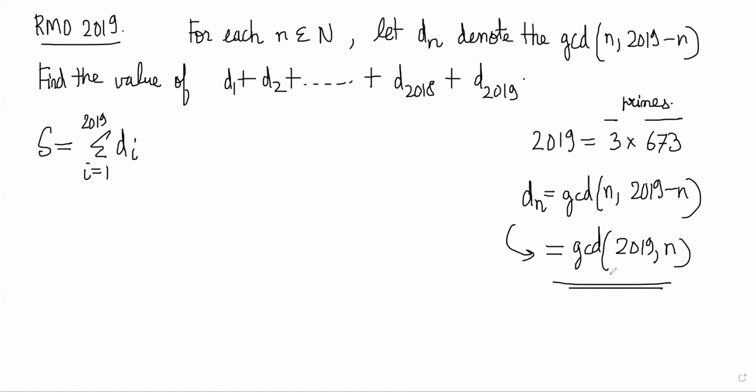So Dn is the same as the GCD of 2019 and n. Now think about it: depending on what your n is, the GCD will be different. So what we can say is we have 3 cases.